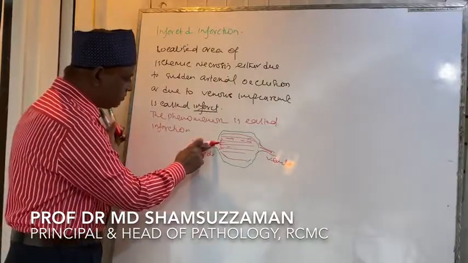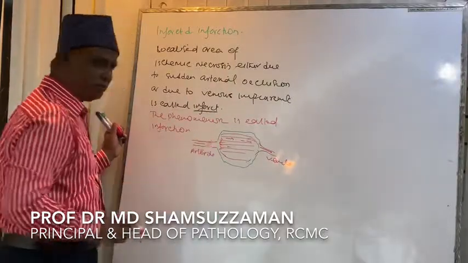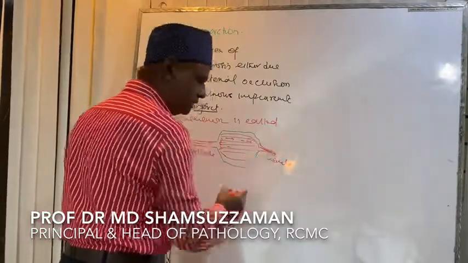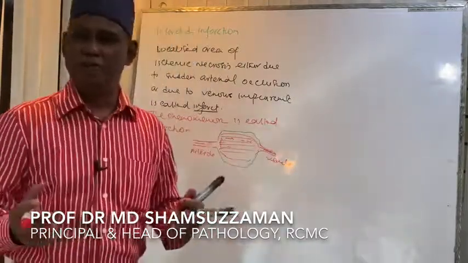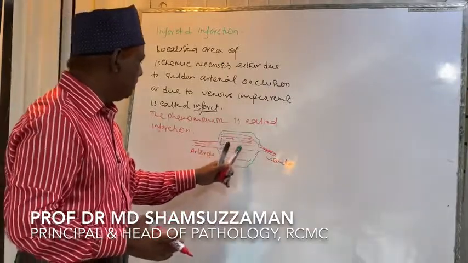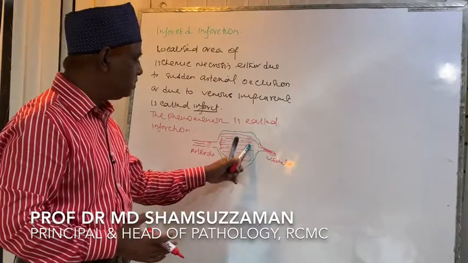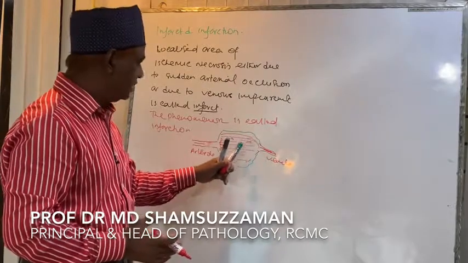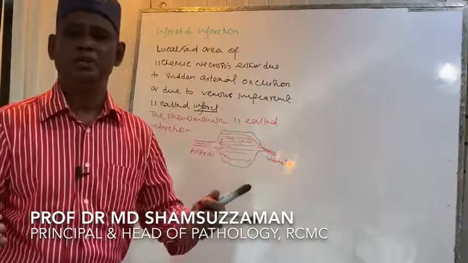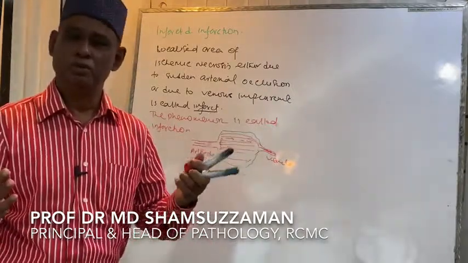Or if there is no occlusion but there is impairment of venous return, some deoxygenated blood remains within the tissue and gradually the arterial blood flow to the tissue is diminished or stopped.